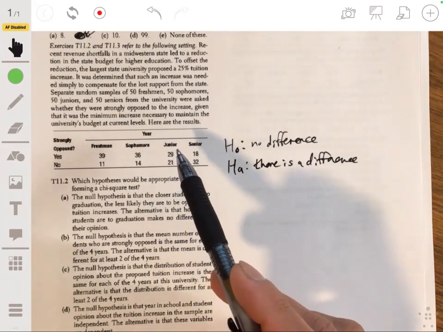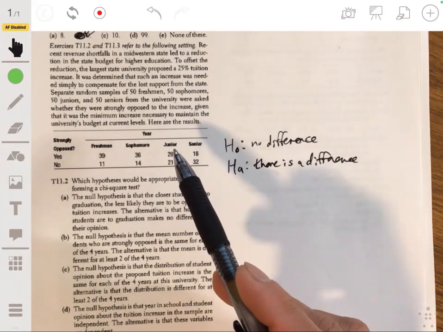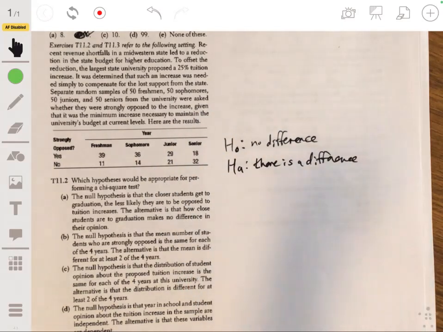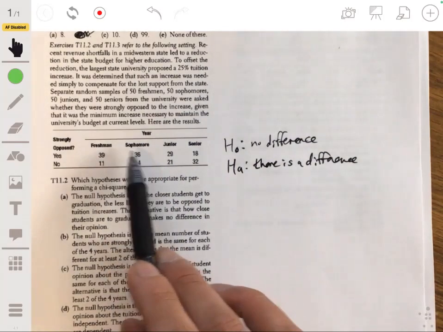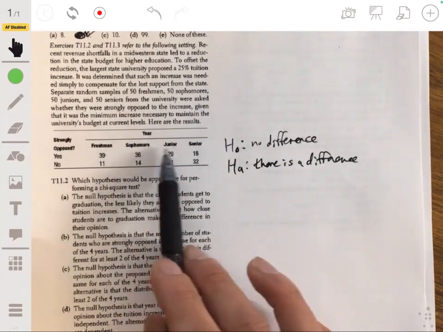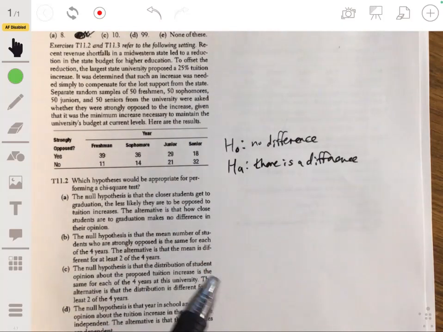And likewise, the percent of juniors that said yes would be different from the percent of sophomores that said yes, and so forth. Now, you would need at least 2 of them to be different for it to make sense, because you need at least a difference between 2. In other words, the other 3 could be the same, but 2 of them would have to be different.